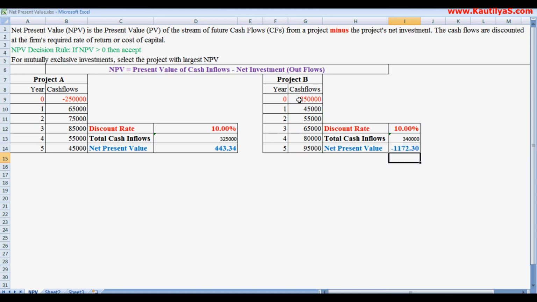Now this has a negative NPV, that is minus 1172.30. So as NPV is less than 0 or negative, we reject the project.